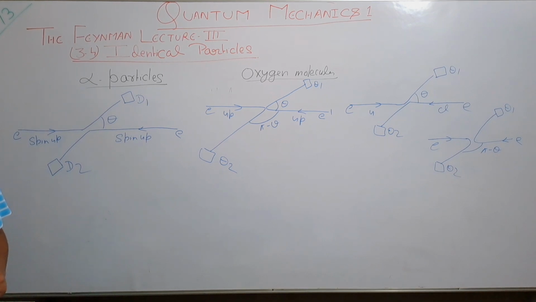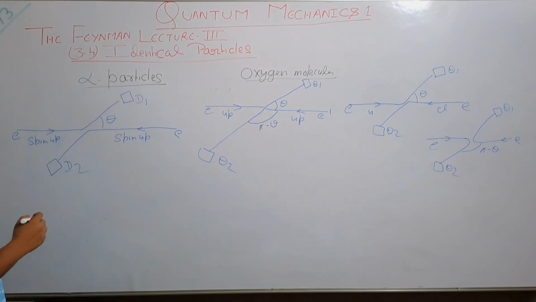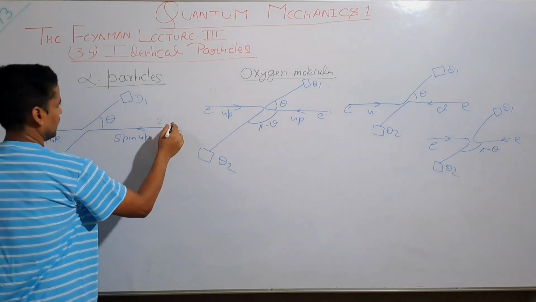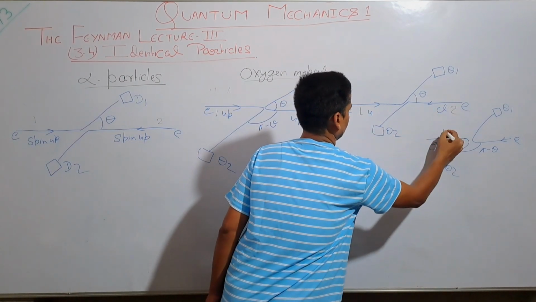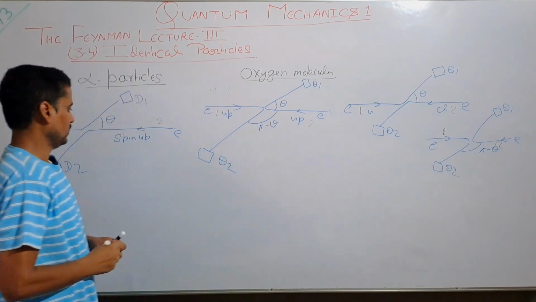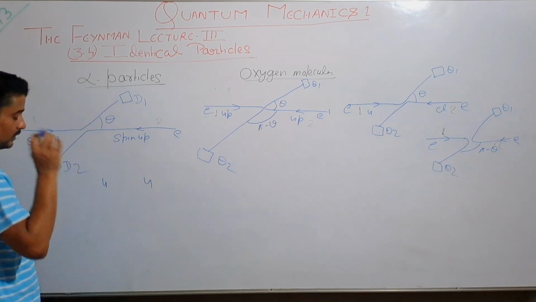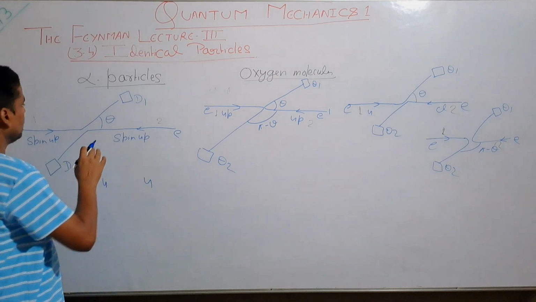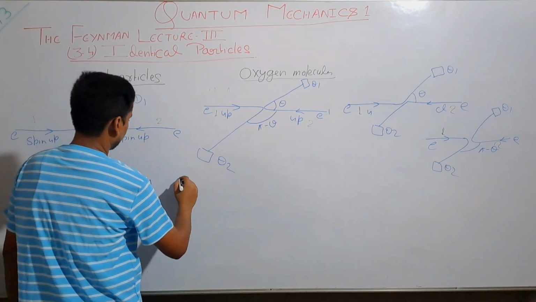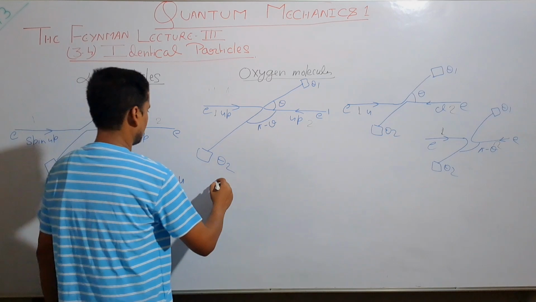So what will be the probability of getting an electron at detector D1? Suppose this is the first particle and this is the second particle. Suppose both particles have spin up, and when we detect an electron at D1 it has the same spin up, and when we detect the other electron at D2 it also has spin up.